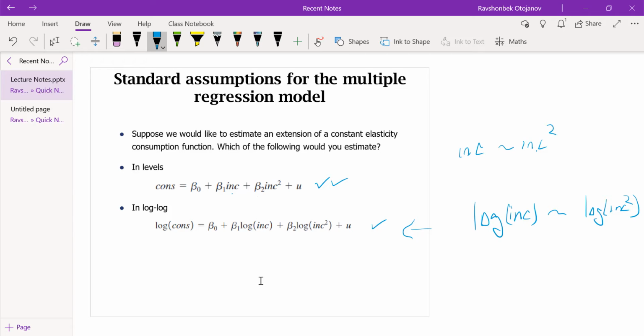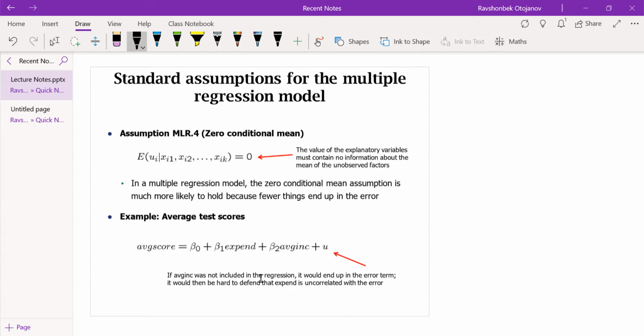And if you remember from your calculus, it's going to be 2 log, I can rewrite that as income in this form. So this clearly is telling us that the log income is a linear function of log income. It's basically log income is equal to 2 times log income in this case. So we cannot estimate this regression model.